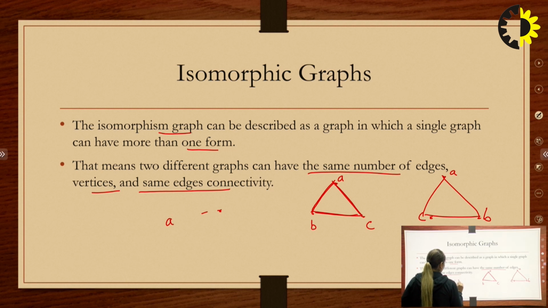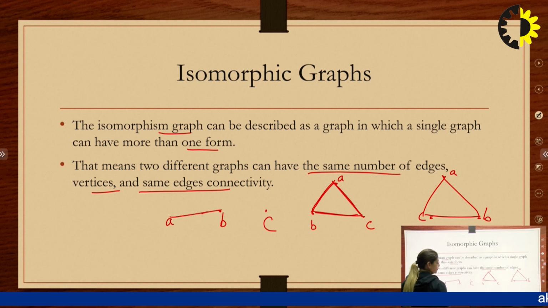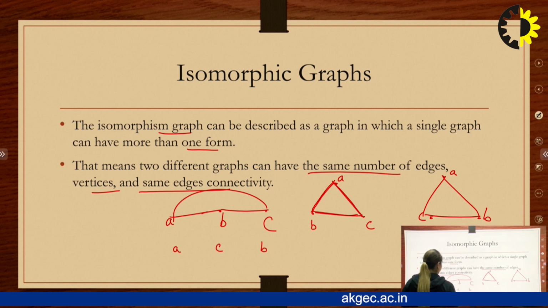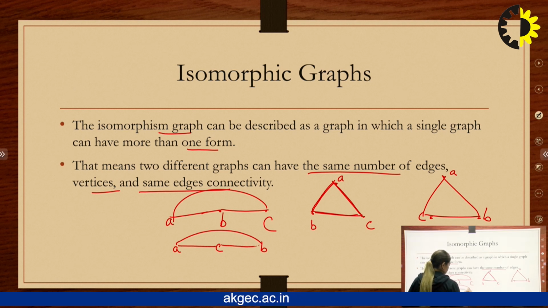A, B, C. The relation is there between A to B, B to C, and C to A. This can be drawn this way also: A, C, B. A to B there is a relation, A to C there is a relation, C to B there is a relation.